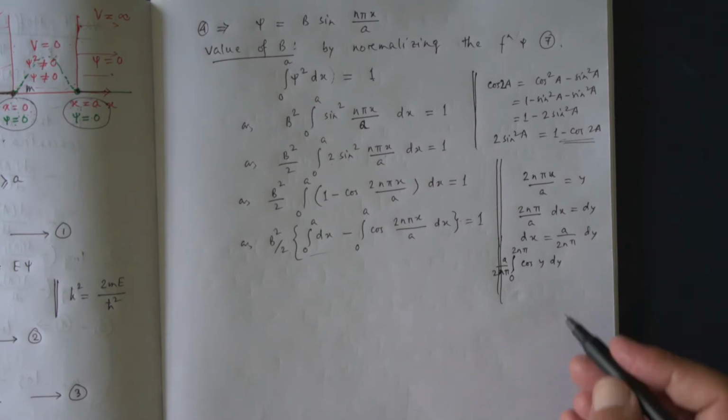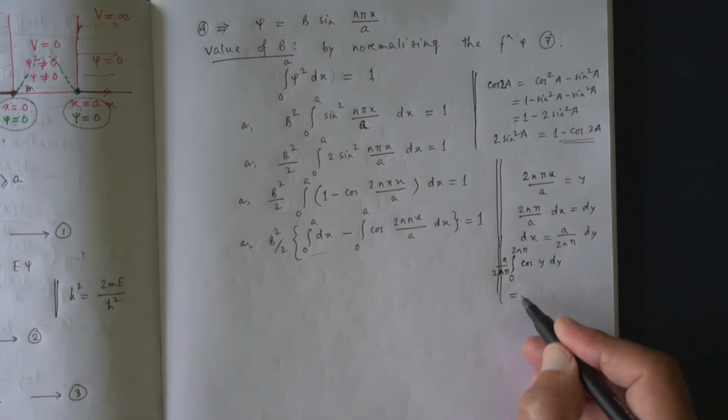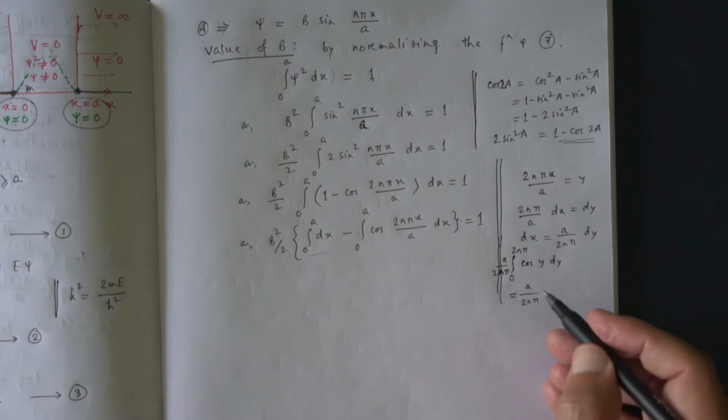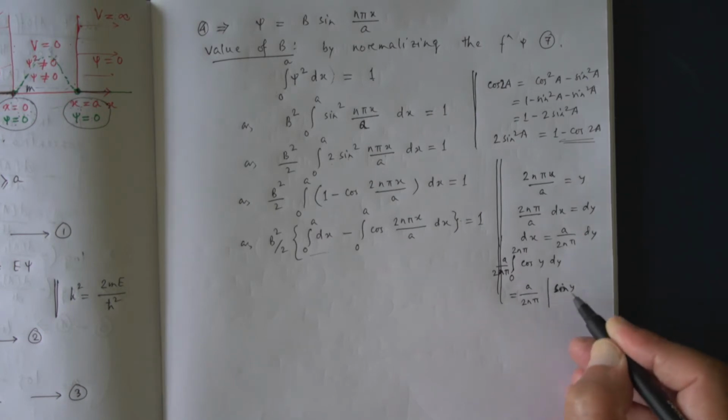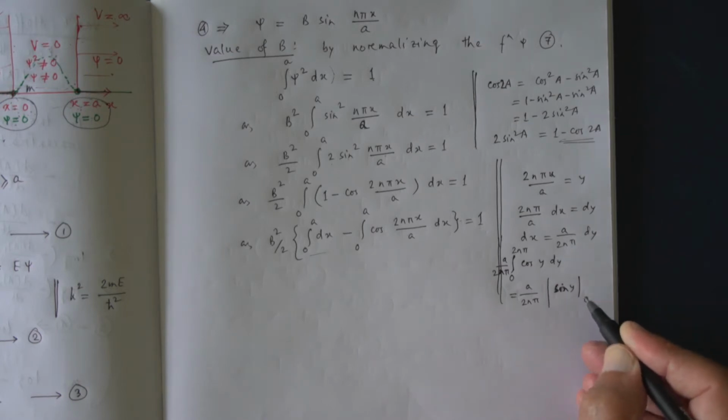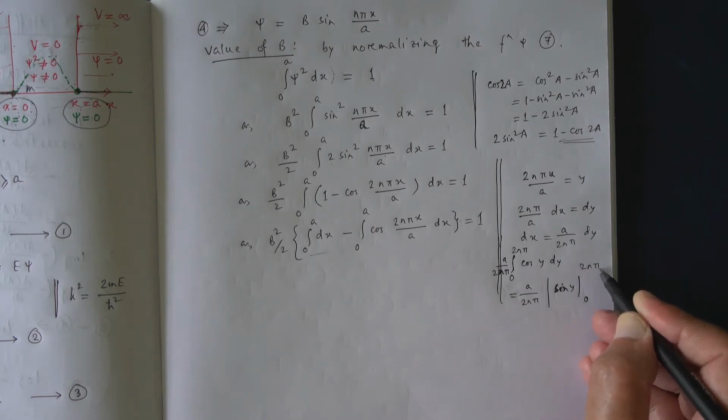So this equals a by 2 n pi, integration of cos y is sine y, from 0 to 2 n pi.